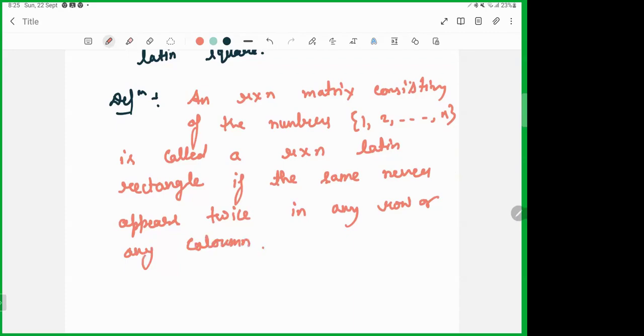So if r equals n, then it is called a Latin square. So this is the definition. Basically, each row and each column should be such that if there is a one in one column, then there should not be a one in that column again, and if there is some entry in a row, it should not appear again.